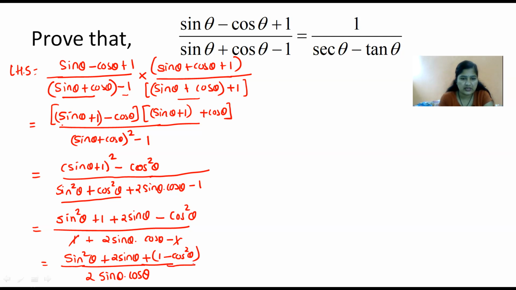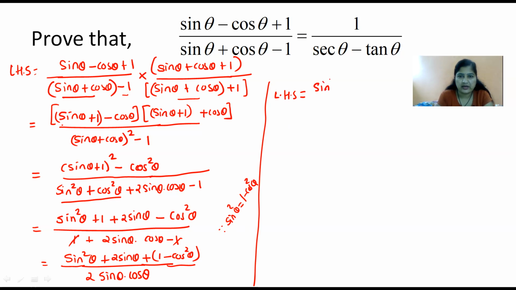So I can use here again that sin square theta plus cos square theta is 1. So I can write sin square theta is 1 minus cos square theta. So LHS becomes sin square theta plus 2 sin theta, and 1 minus cos square theta is sin square theta, upon the denominator as it is, 2 sin theta cos theta.